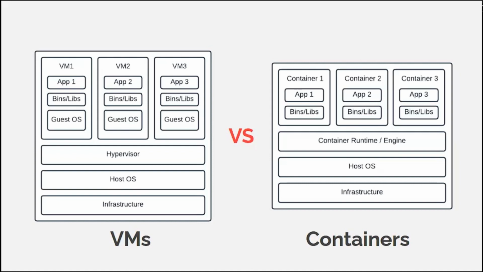So how is it going to work? In the VMs, we use a hypervisor to virtualize the infrastructure, and on top of that, you install a guest OS and then treat it as a normal computer or system, right?